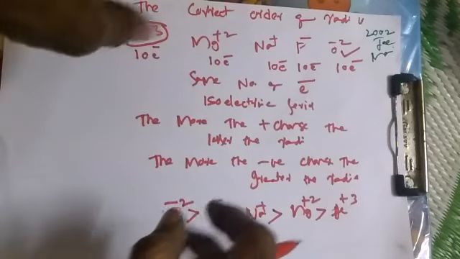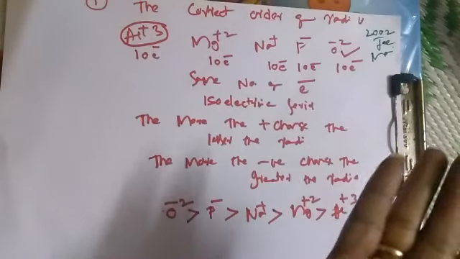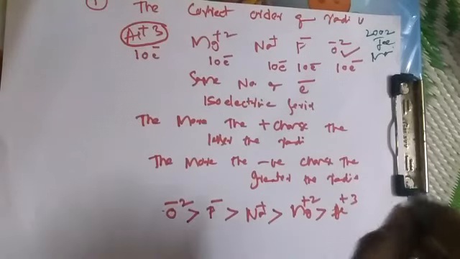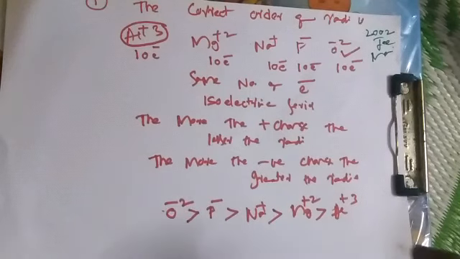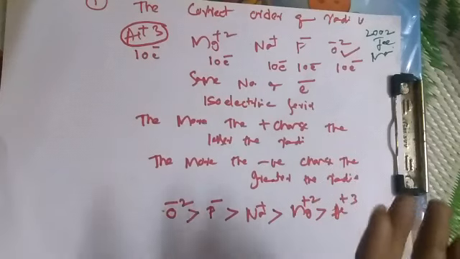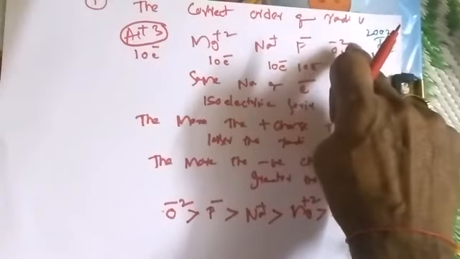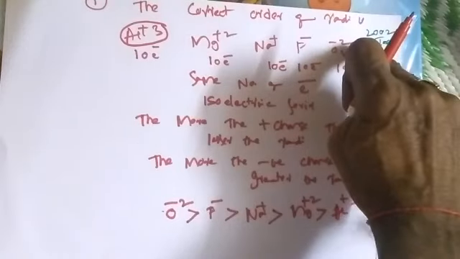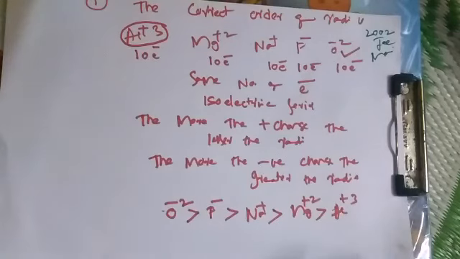If any species has more positive charge, that is the lesser size. If any species has more negative charge, that is the greater radius. Oxygen O minus 2 has more charge, for which its size is very large.